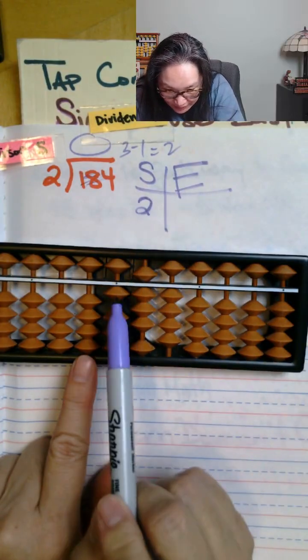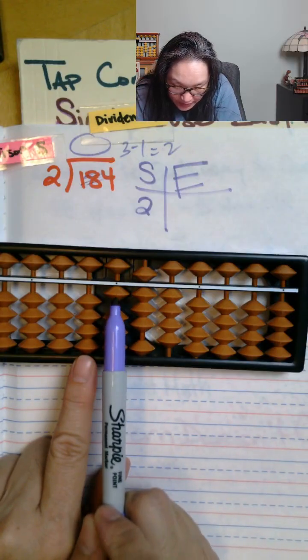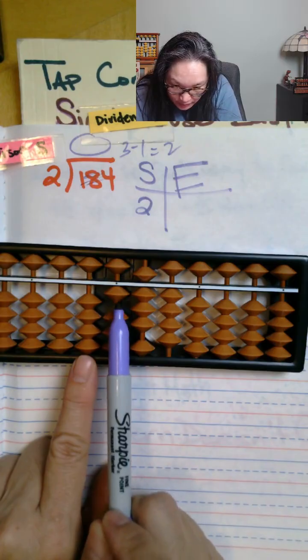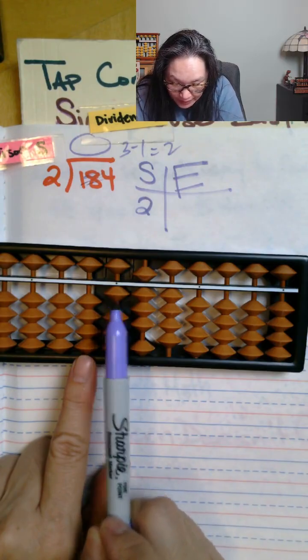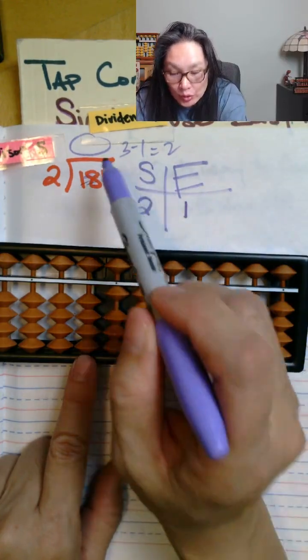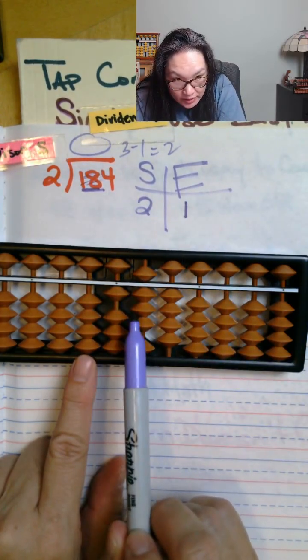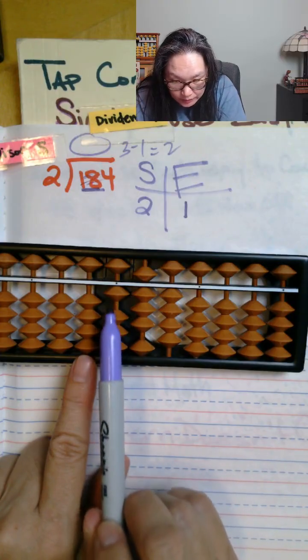My dividend, I'm only going to take this digit, the 1 digit. It's 1. That will tell me if I can use 2 digits, 2 columns, or 1 digit, 1 column.